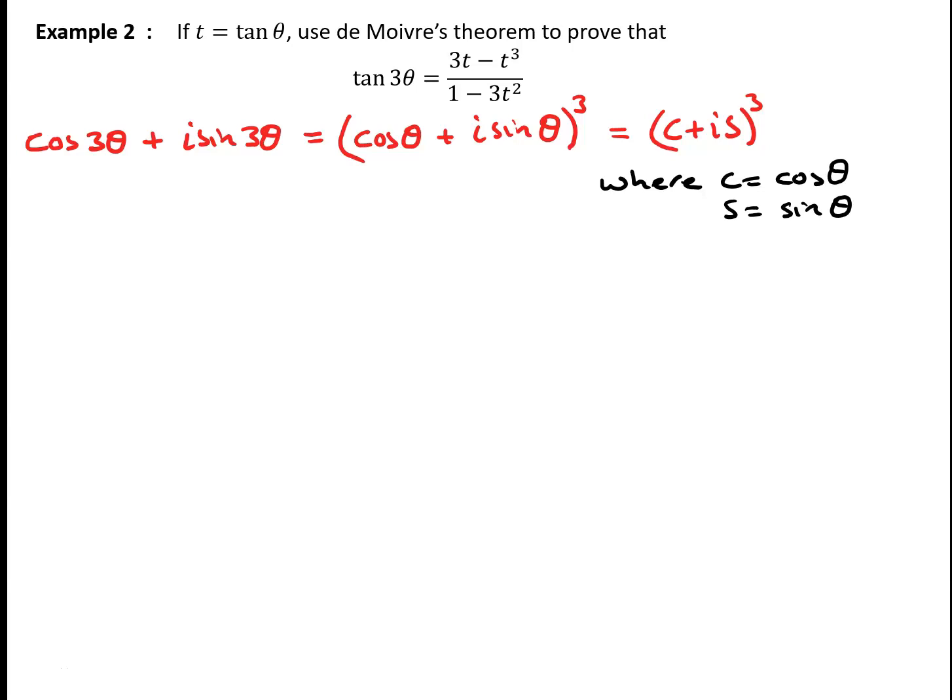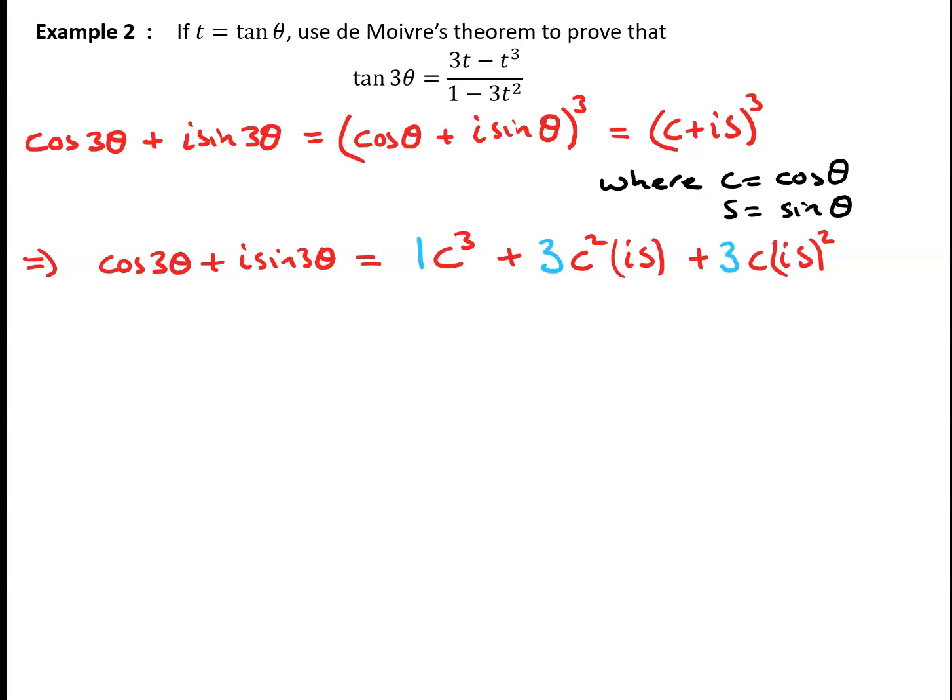So, expanding out, we've got cos 3 theta plus i sin 3 theta must be 1 lot of c cubed plus 3 lots of c squared times is plus 3 lots of c times is squared plus 1 lot of is cubed, because the third row of Pascal's triangle is 1, 3, 3, 1.